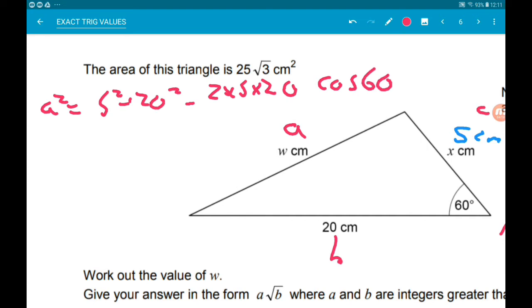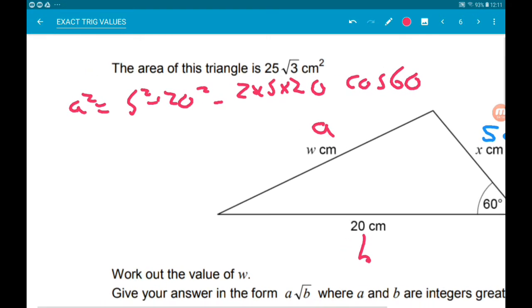Okay, so A squared. 5 squared is 25, 20 squared is 400, so that's 425. And then we have minus 2 times 5 times 20, so that's minus 10 times 20, so that's minus 200 cos of 60.